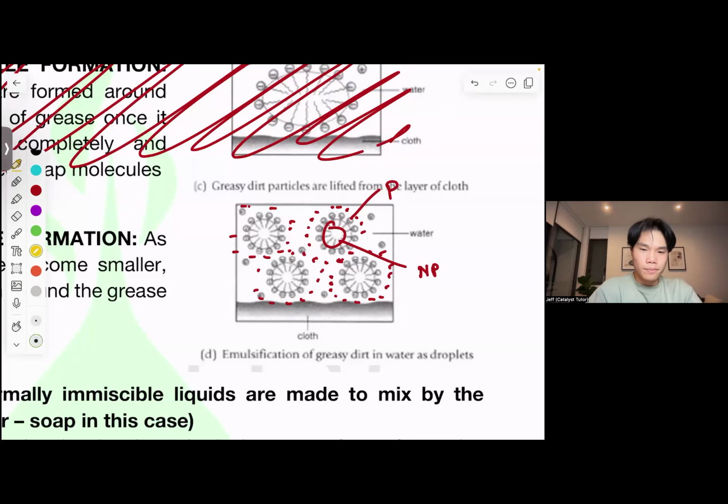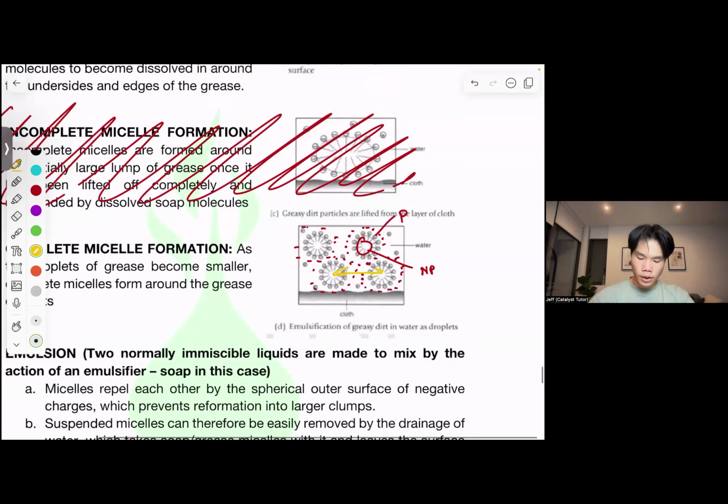Attract or repel? Negative to negative. Repel. They repel. And so once you form these micelles, they will cease to reform and they will stay individually in their own space in the water, waiting for you to rinse away your emulsion and hence get rid of all of your grease. That's the way it works.